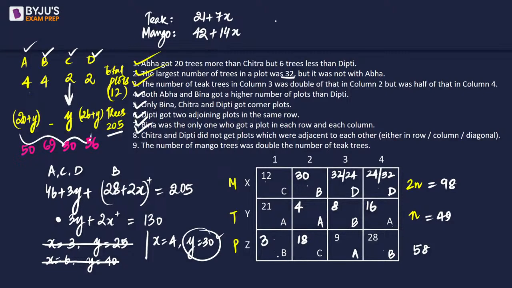So if you look at the first column, the sum is 36. If you look at the second one, it is 40, 52. Third column, 17 plus 24 is 41. Or 32 plus 8 is 40 plus 9 is 49.